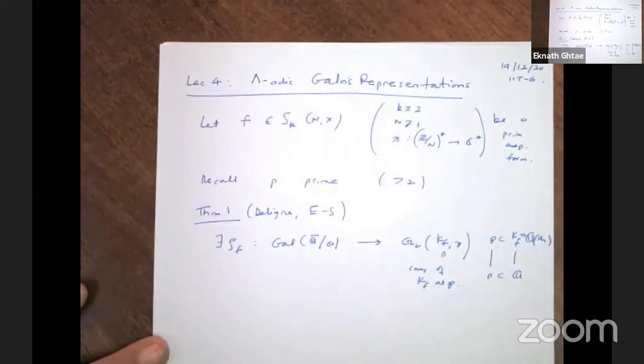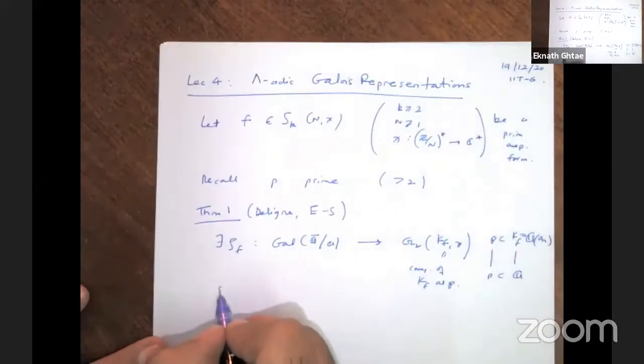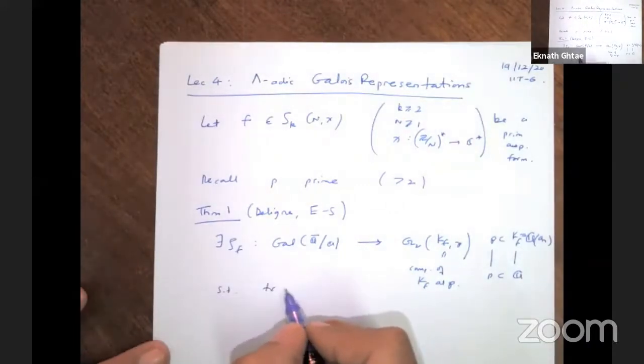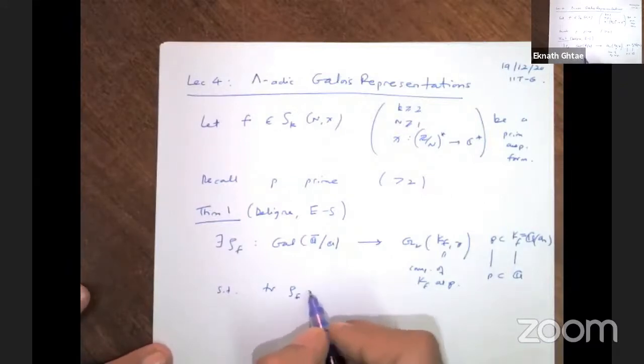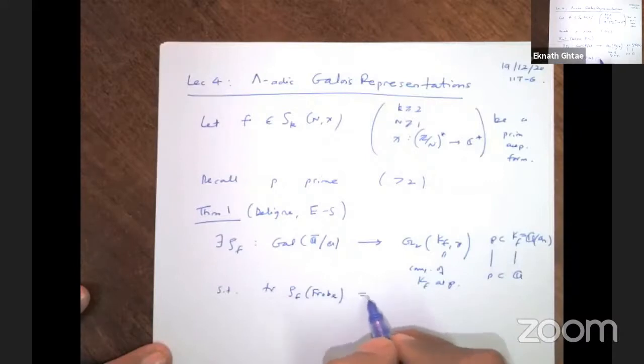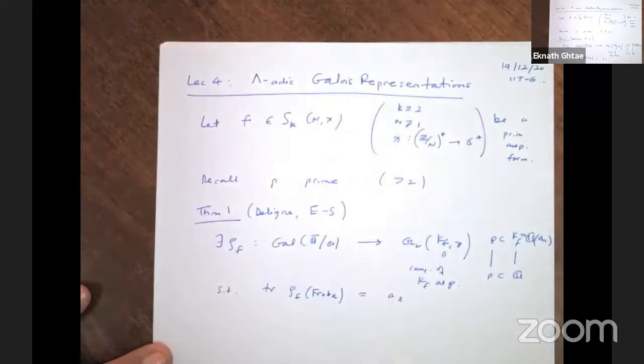So there are these p-adic Galois representations, one for every prime, including p equals 2 actually, such that the traces and determinants of certain special elements, in other words, the characteristic polynomials of certain special elements, namely the Frobenius elements at the primes l, where l has nothing to do with anything in sight, namely the level of the form and the prime p.